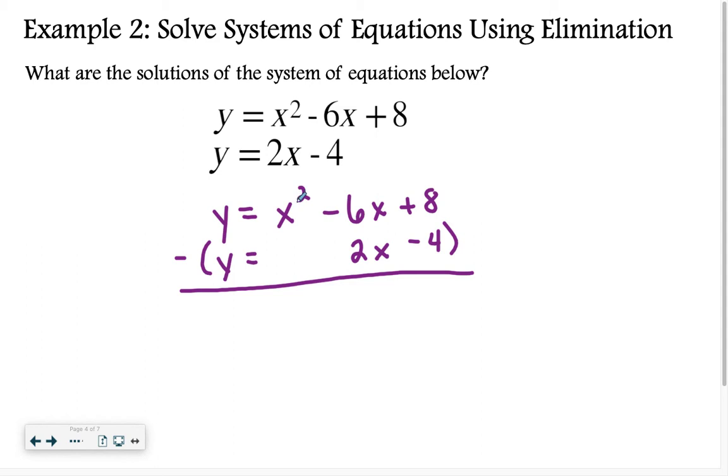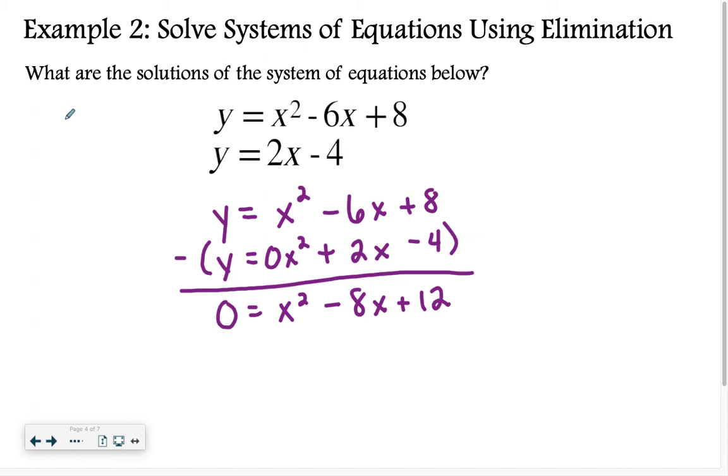So y minus y is 0, x squared minus nothing, that's like saying 0x squared, so x squared minus 0 is just x squared. Then I have negative 6 minus a positive 2, that becomes negative 8x. And then I have 8 minus negative 4, that becomes plus 12. Okay, so now from here, I have a quadratic equation that I've been practicing solving all chapter.